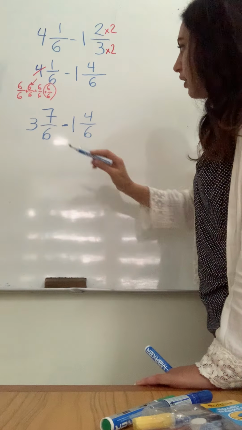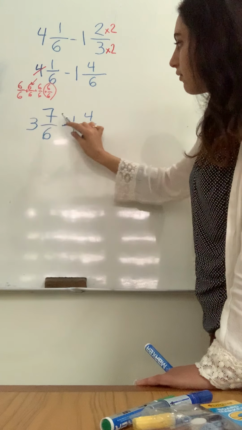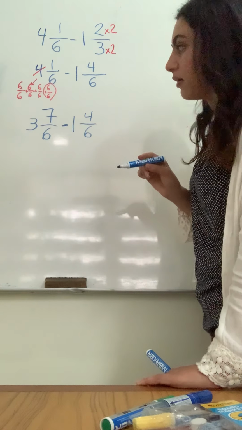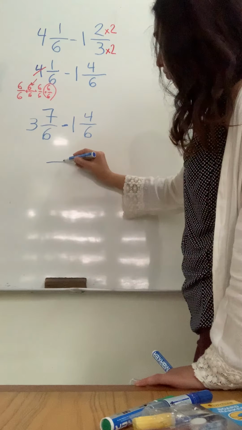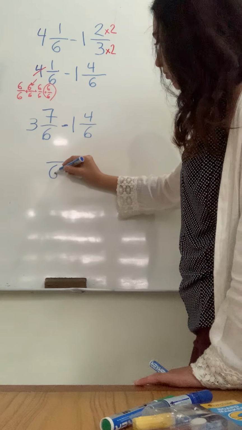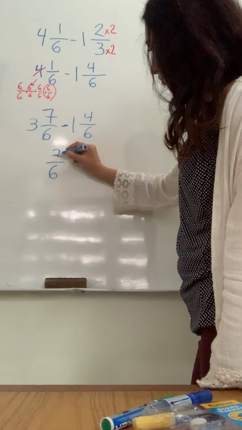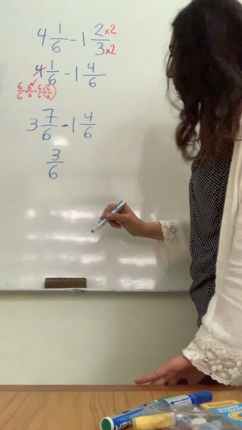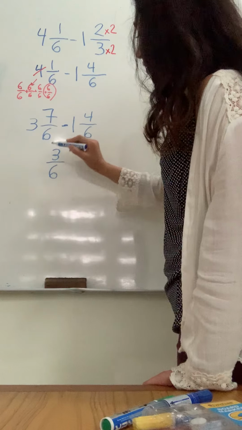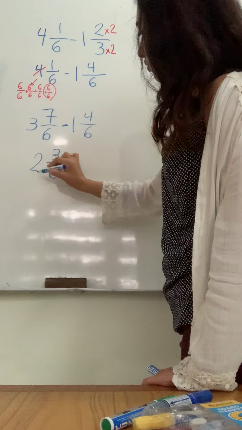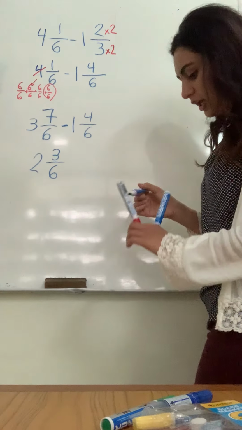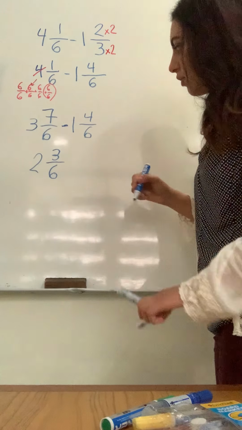Okay, so now can we subtract 7 by 4? Yes, it's possible now. That will be 3. 3 minus 1, 2. Okay, can we simplify this even more?